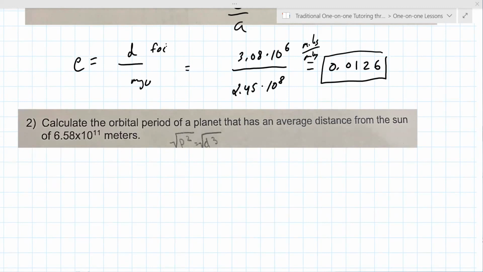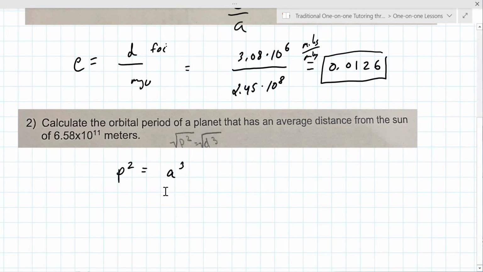This is not my area of expertise. Let's see if I can find one. Yeah, so you have it here. P squared, which is the period in years, equals A cubed, or D cubed is fine. The problem is that it says A is the semi-major axis, which is probably okay.